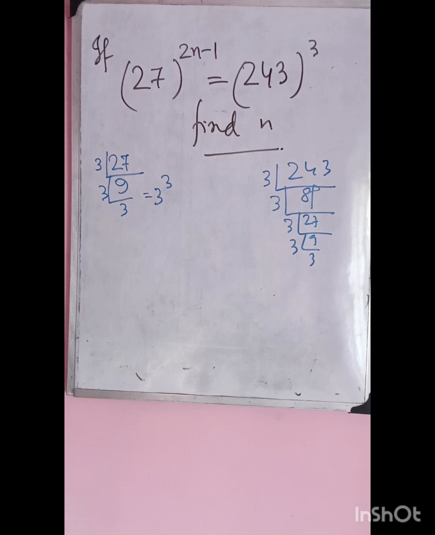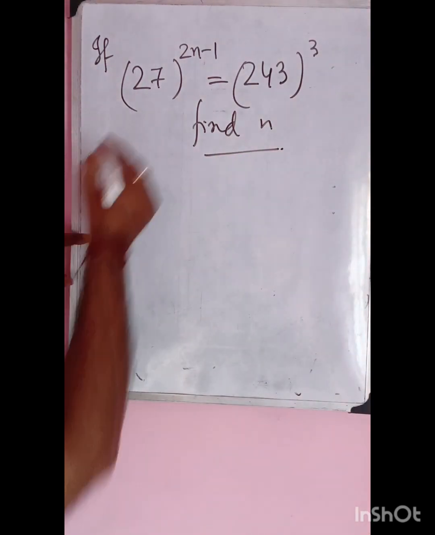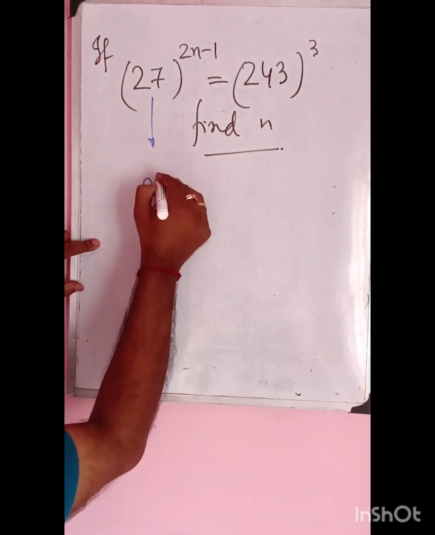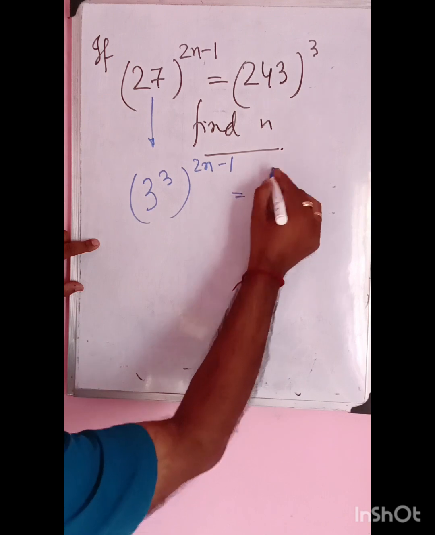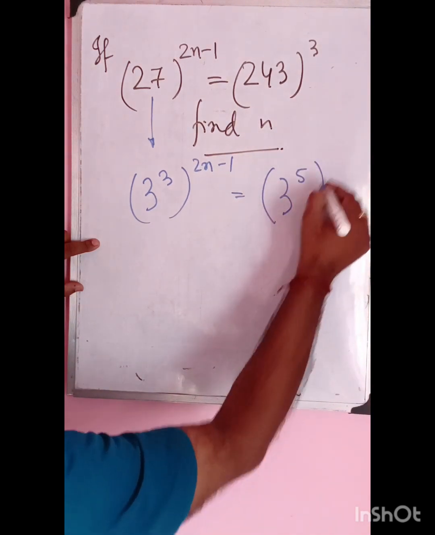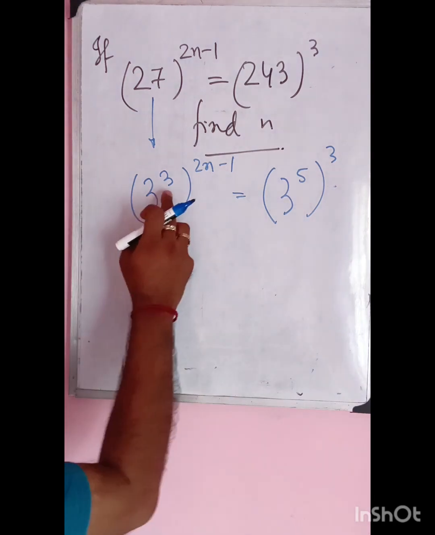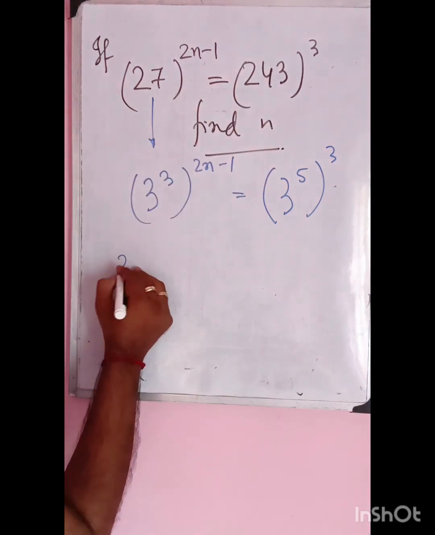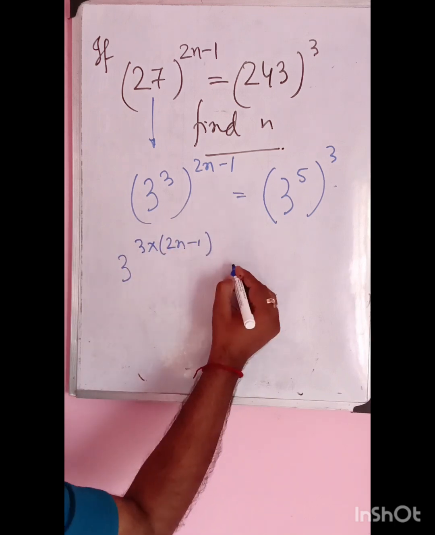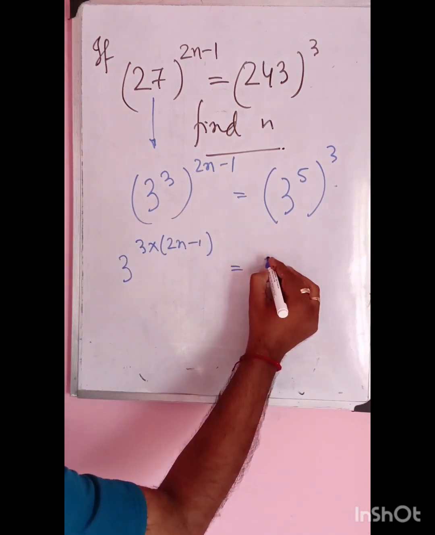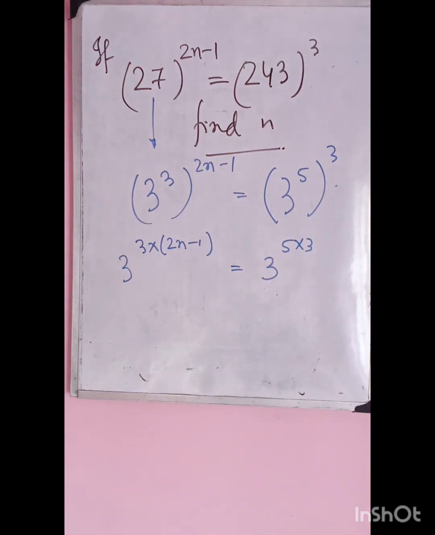Okay, let us replace. x to the power m whole to the power n becomes m into n. x to the power m whole to the power n, m into n.